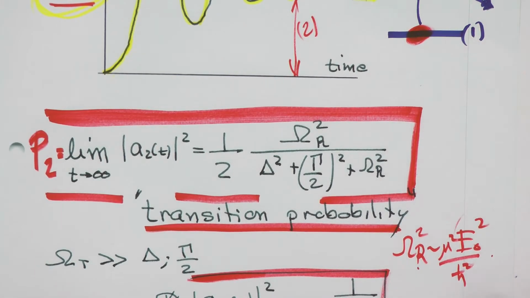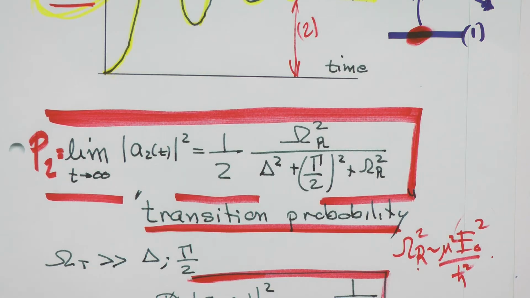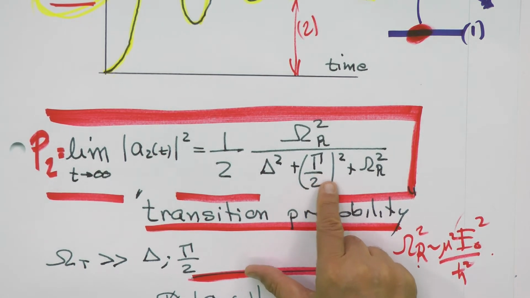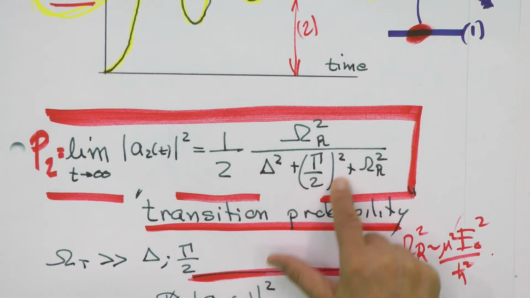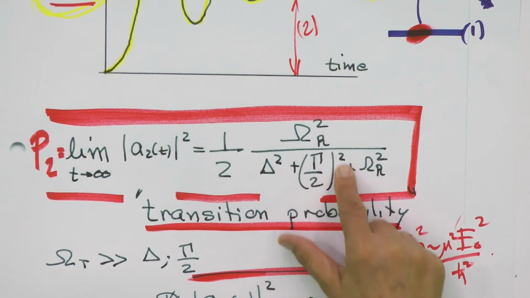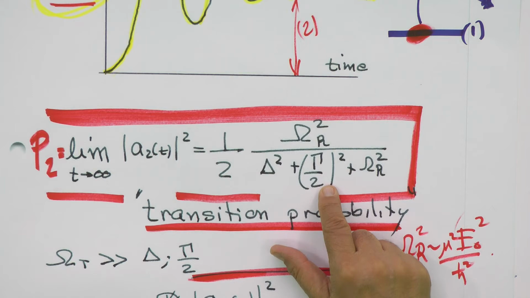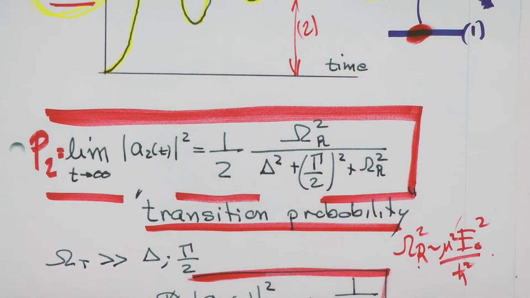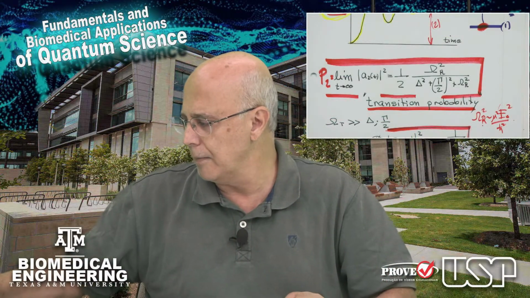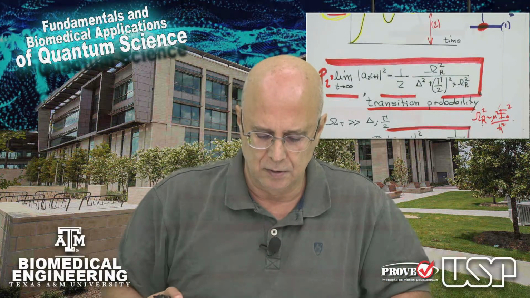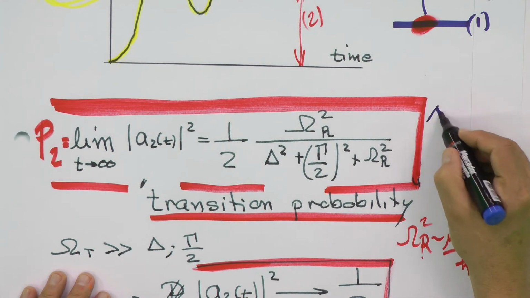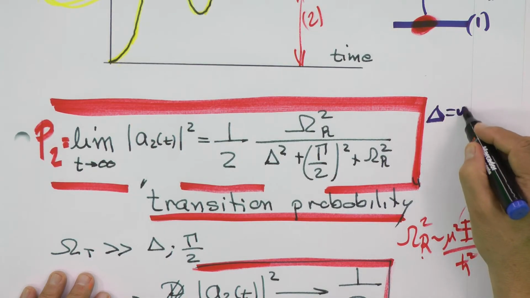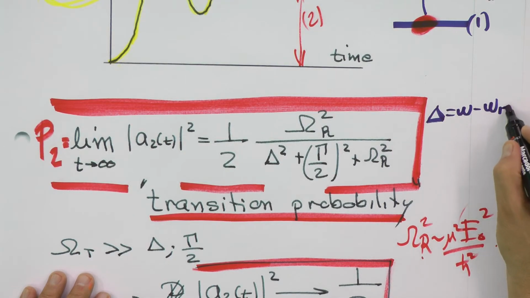And gamma here is a very important aspect of this. In a normal situation, the gamma here is giving you a term in the denominator, which will give also a line width. Remember, delta is the detuning, which is the frequency of light minus the frequency of your system.